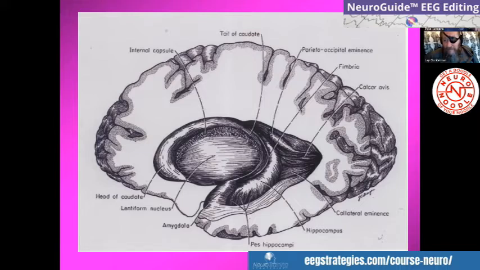Tourette's. People that have ADD, ADHD, the hyperactive kids, quite often have a comorbid Tourette's tic. The head of the caudate creates a motor tic when there's a discharge in the head of the caudate. The tail of the caudate merges with the stria terminalis and impinges on the amygdala and hippocampus. If the tail of the caudate has a discharge, the amygdala will give you emotional content and the hippocampus will give you memory content.